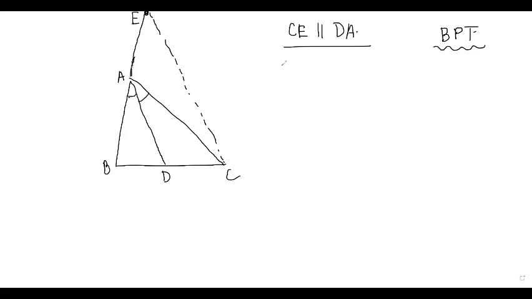The basic proportionality theorem says that if you construct a line parallel to the base, and here you know that AD is a line which is parallel to the base in triangle BCE.